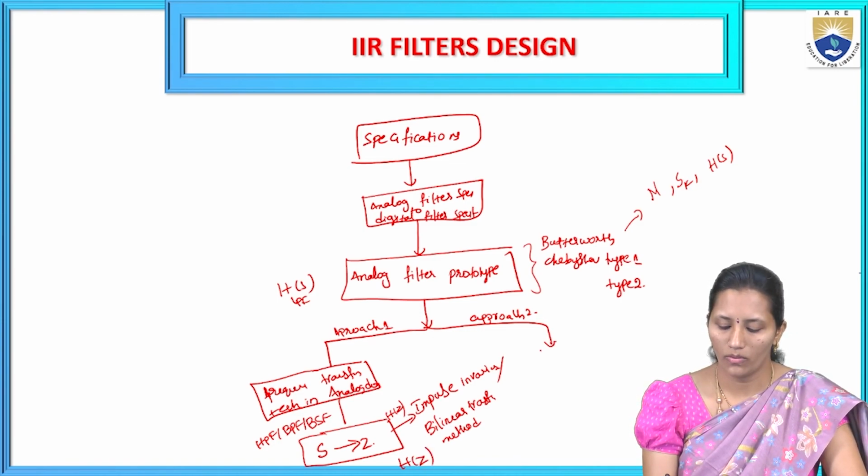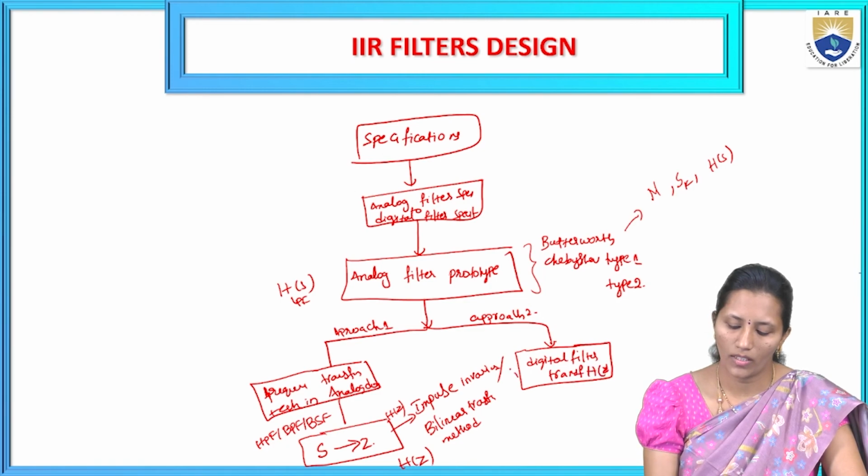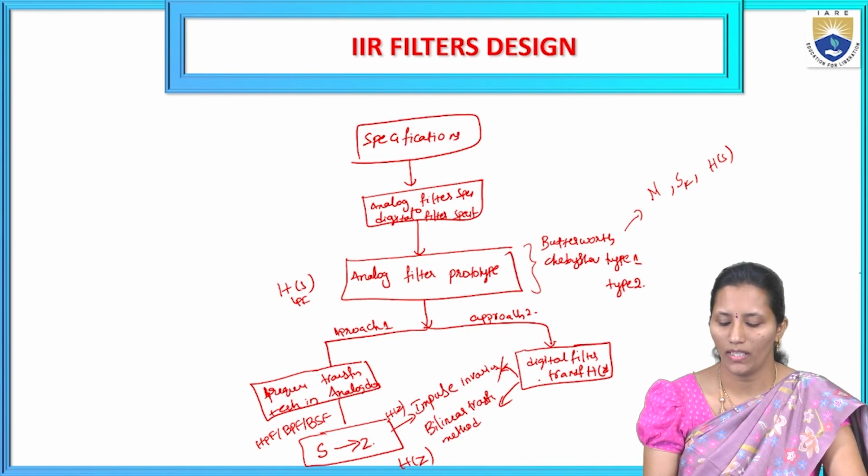In approach 2, directly from the analog filter prototype, we will find out the digital filter transfer function H of Z by using these two methods, impulse invariant or bilinear transformation method.